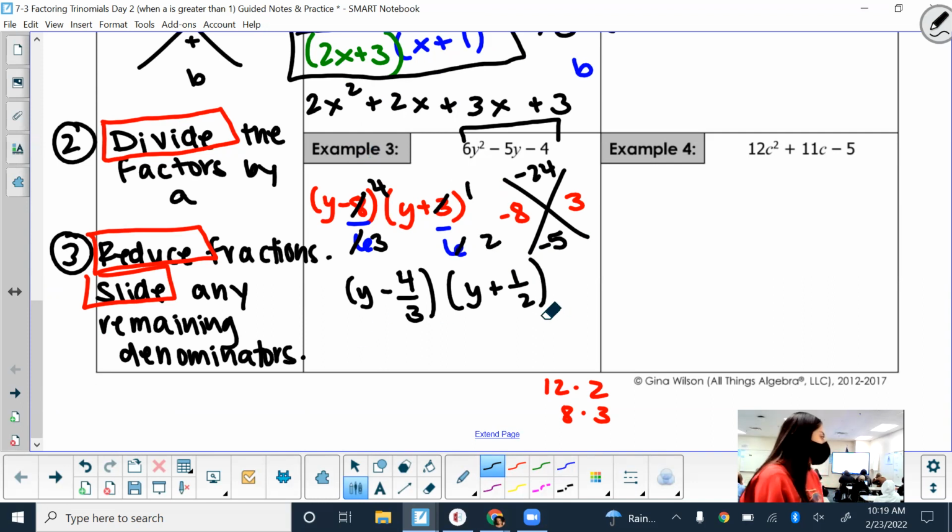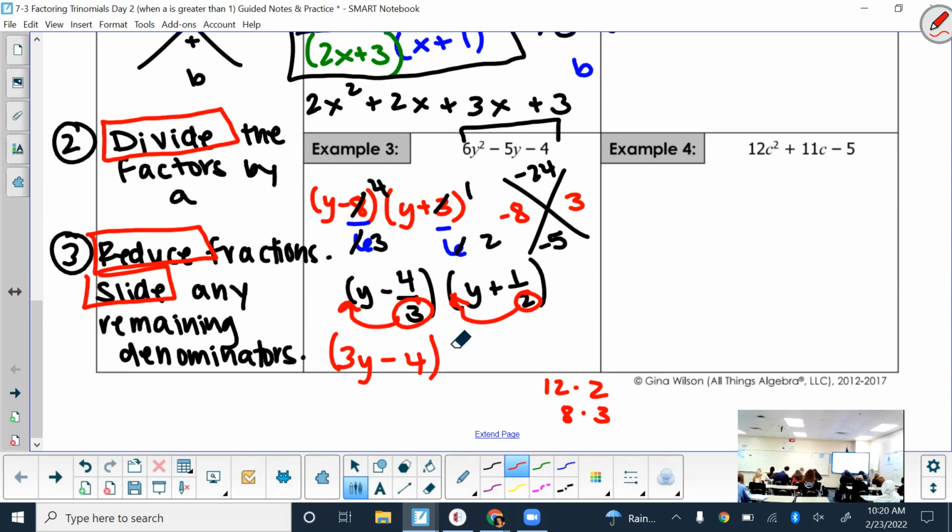Now we're not entirely finished because we don't ever leave it like this. We always do that last step, which is to slide any denominators in front of the variable in that parentheses and then rewrite it. So our actual final answer is 3y - 4 and 2y + 1.